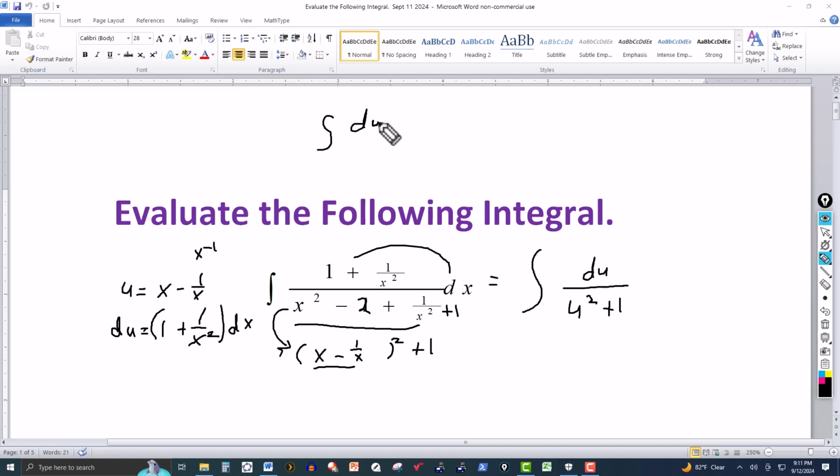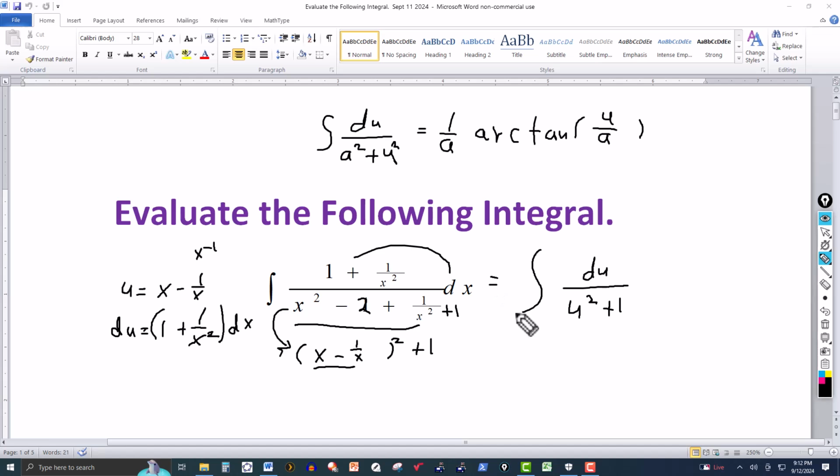I said that the formula we looked at basically says that if you have anything in the form du over a squared plus u squared, this could be just a plain x. They use u because sometimes you need to transform the integral using a u substitution. But anything that looks like this is going to equal 1 over a times arctangent of u over a.